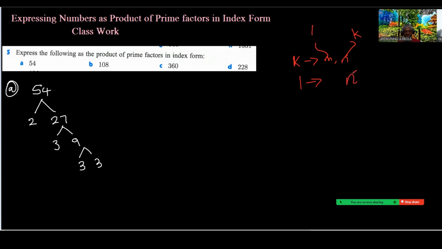So n is 1. What about m? The m will also be 1, right? So 1 is not a prime number because these are the same factors, not different factors. Is that clear? So 1 is never a prime number.